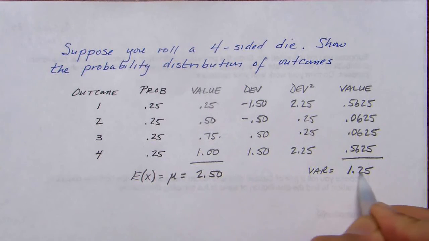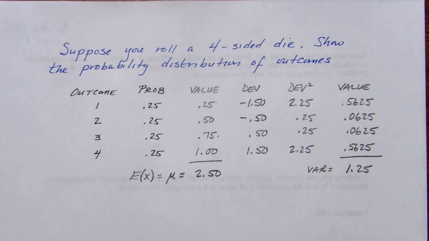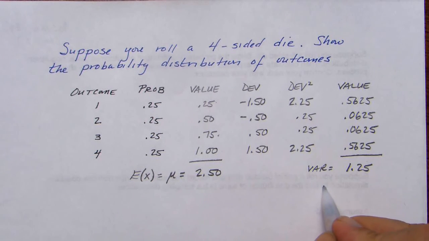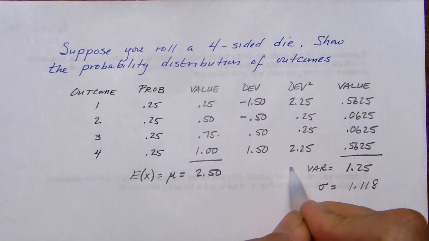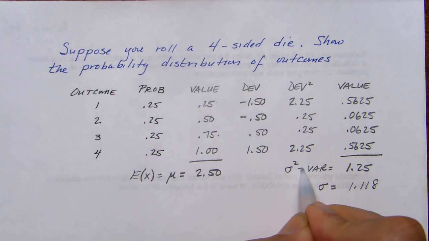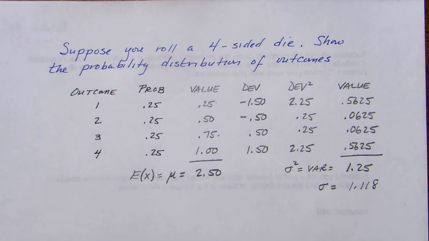And then, of course, if we square root that value, root 1.25, we get the standard deviation. And that's our symbol for standard deviation, about 1.118. Now, sometimes we call this sigma squared for the variance. And so there we have the summary statistics for this.